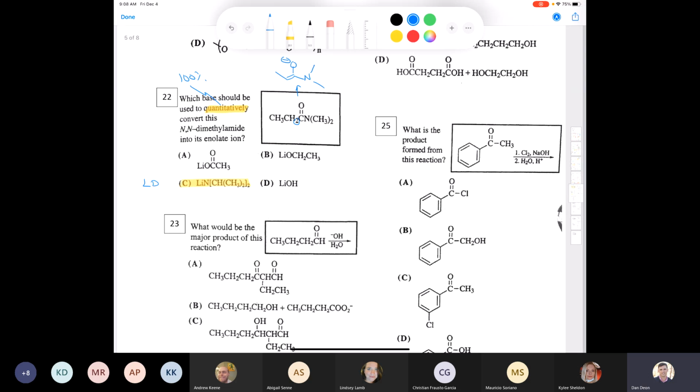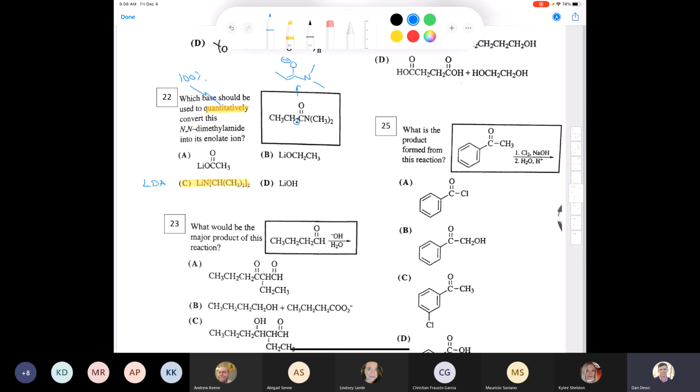If you look at all these bases here, lithium acetate, lithium methoxide, lithium diisopropylamide, and lithium hydroxide, which one is going to be the strongest base? The easiest way to evaluate their basicity is to look at the acidity of their conjugate acids.